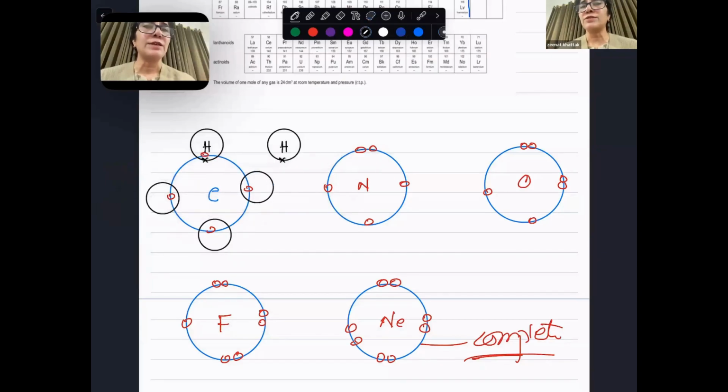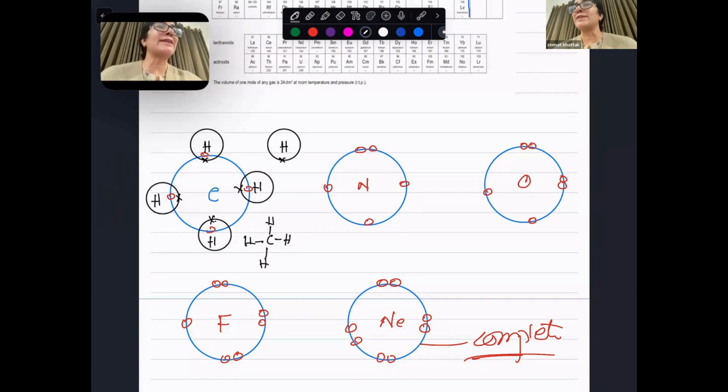This hydrogen shares one, this one shares another. Carbon has 1, 2, 3, 4, 5, 6, 7, 8. So is carbon sharing one with one bond, two bonds, three bonds, and four bonds? Is this CH4? Yes, this is CH4, methane.